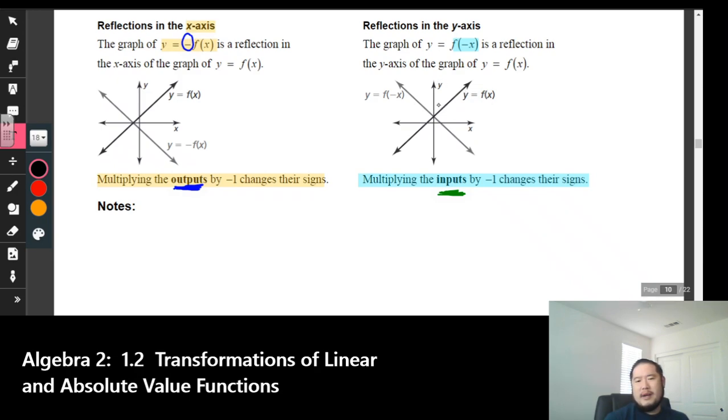And this example right here isn't the greatest because it looks like it's the same exact thing, or almost the same as the reflection across the x-axis. But you can see right here, if I take a look at the y-intercept, it's reflecting across the y-axis. As opposed to over here, if you look at where the x-intercept is, that's where it's both the same.